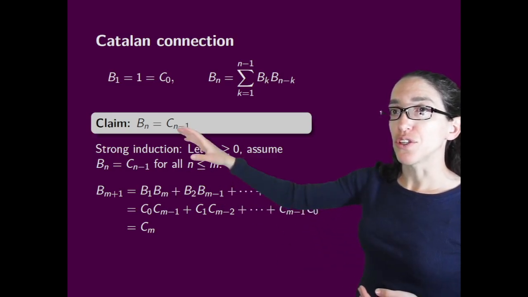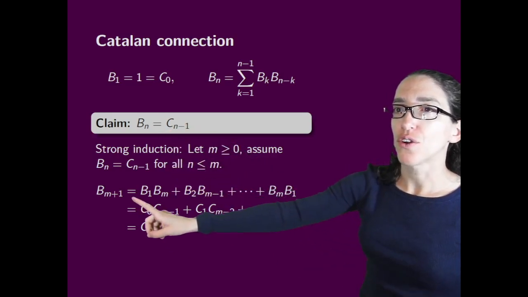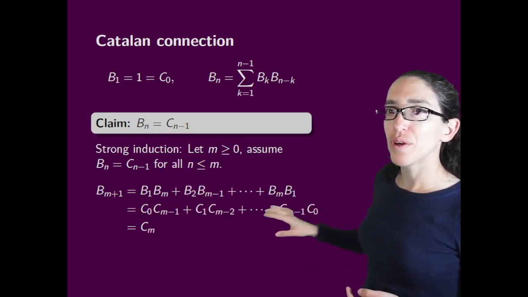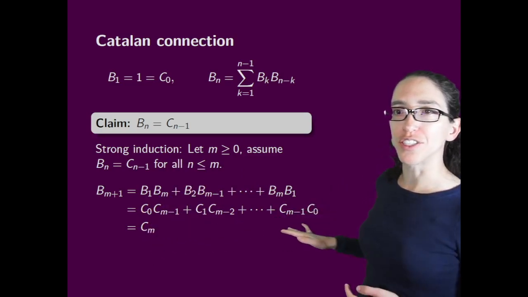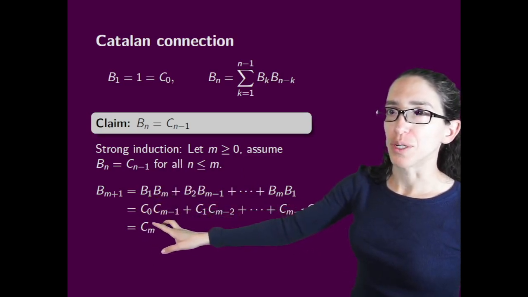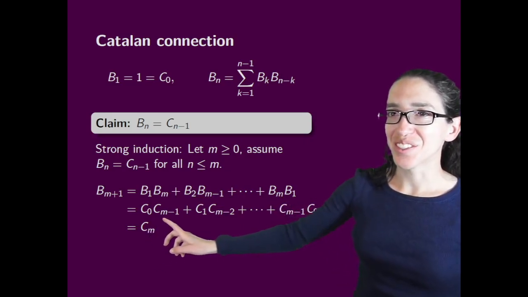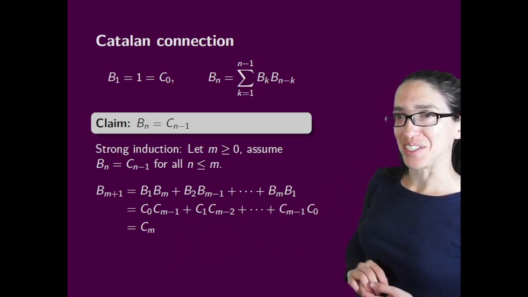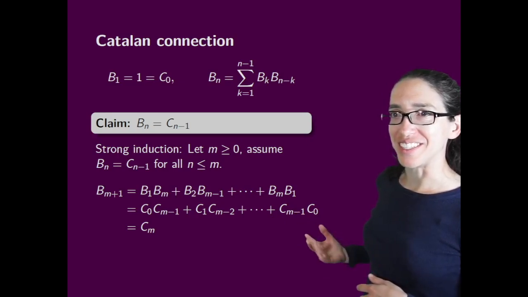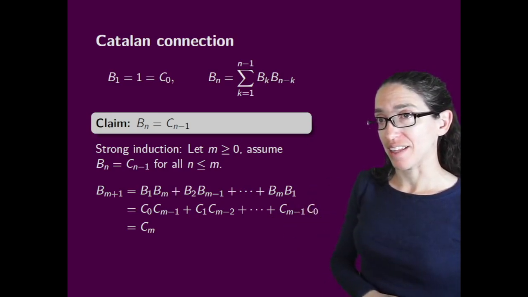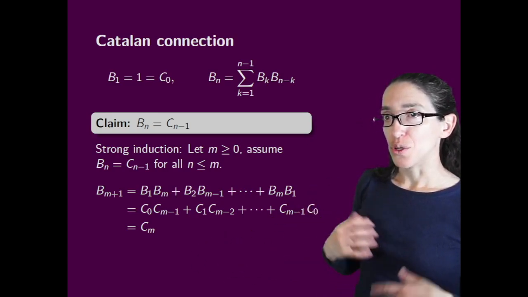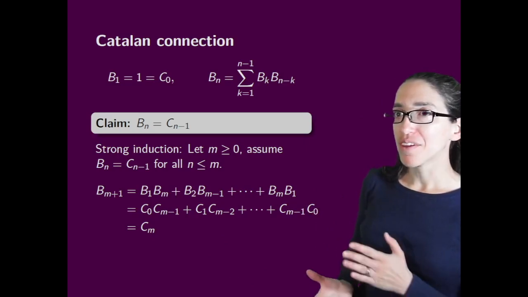If we use our strong induction hypothesis on all these smaller b's, well, they're all equal to one smaller c. So we decrease the subscript on each of these letters and turn them into c's. And we get c0 cm minus 1 plus c1 cm minus 2 up to cm minus 1 c0, which by the recursion for the Catalan numbers is c sub m. So b sub m plus 1 is the mth Catalan number.